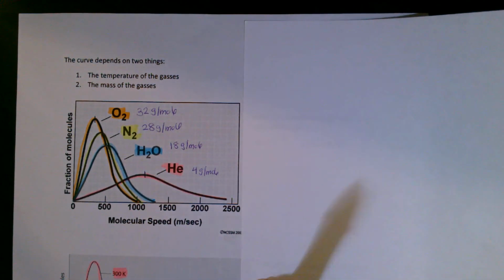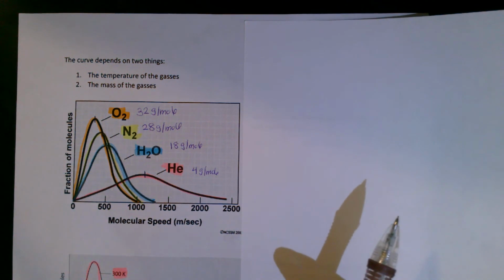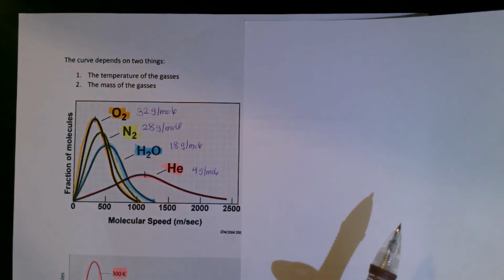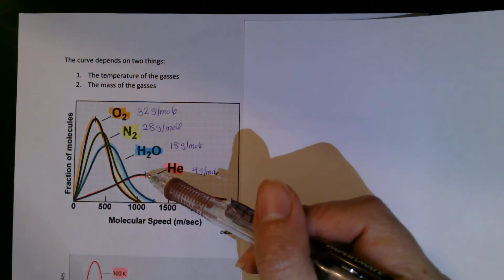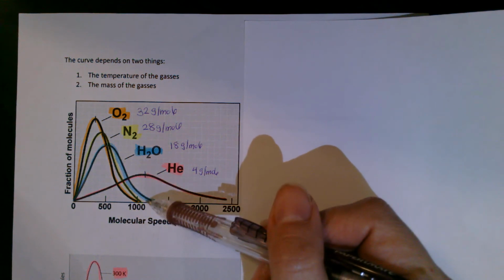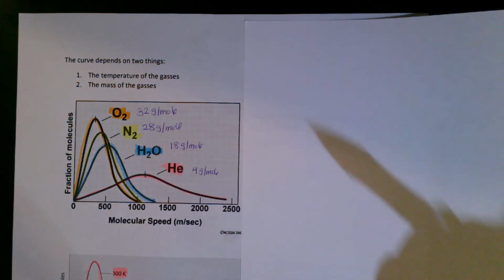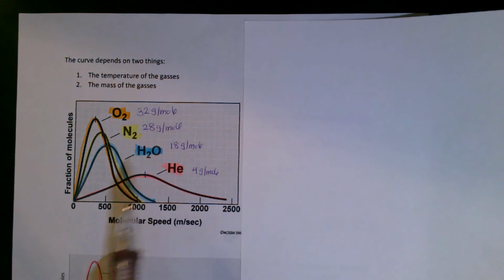Okay, so what does it look like is happening? Which gas appears to have a faster, we'll say, most probable speed? If you look at helium, the top of the peak, because that's the easiest thing to compare, the top of the peak for helium is over 1,000 meters per second.